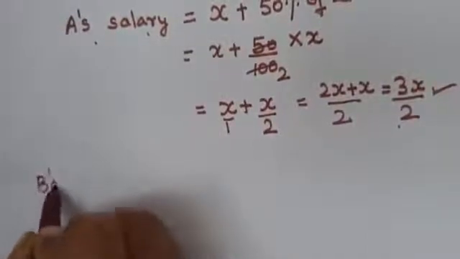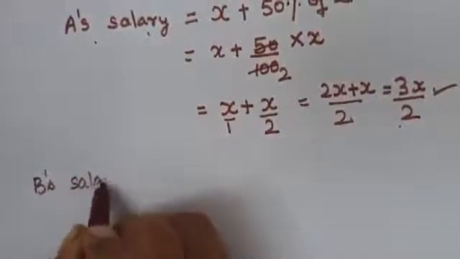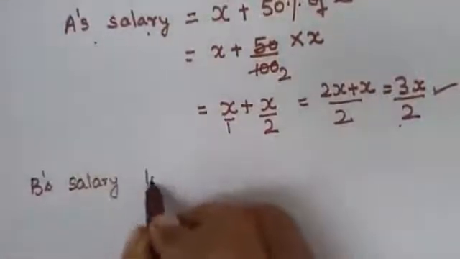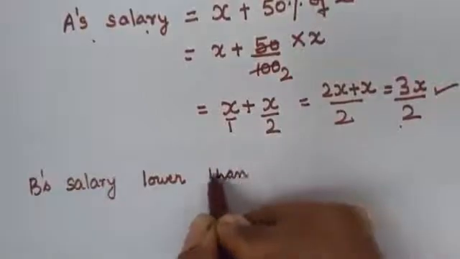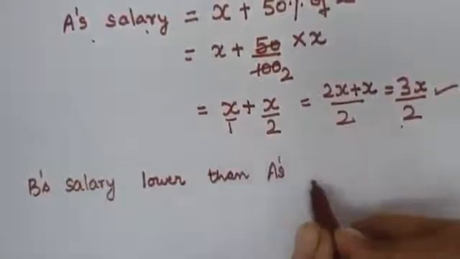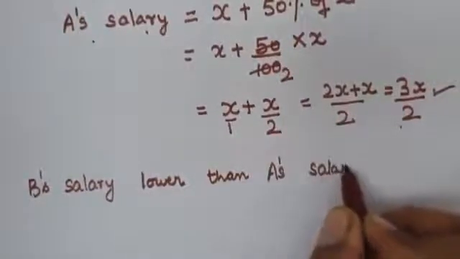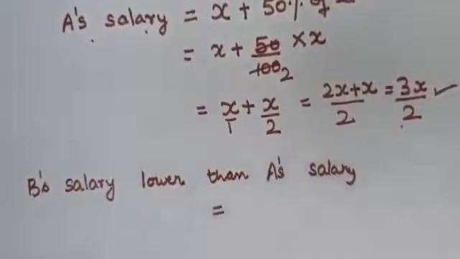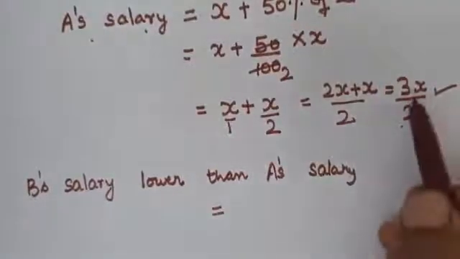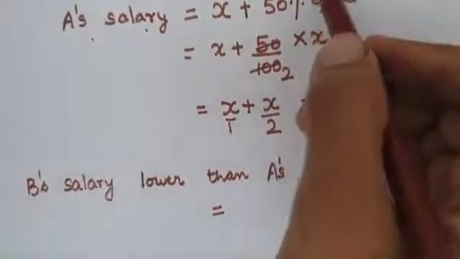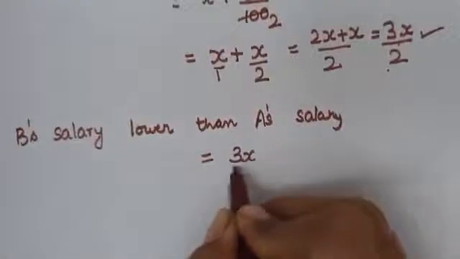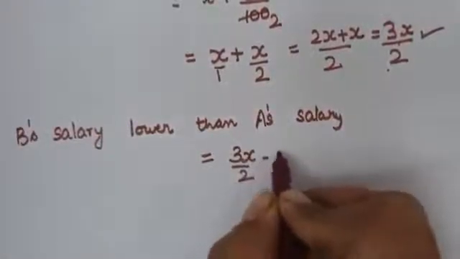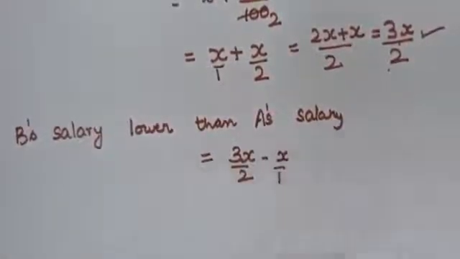That is, B's salary lower than A's salary. Fine. How will we find it? This minus this. That is 3x upon 2 minus x. Now, let us solve this.